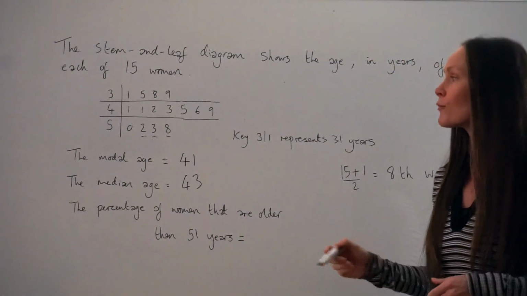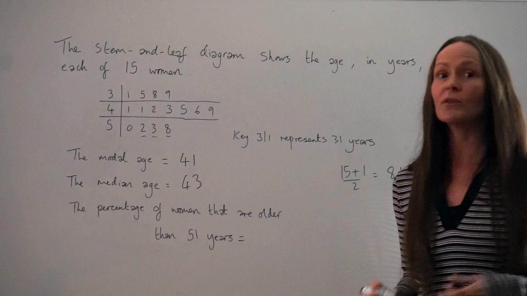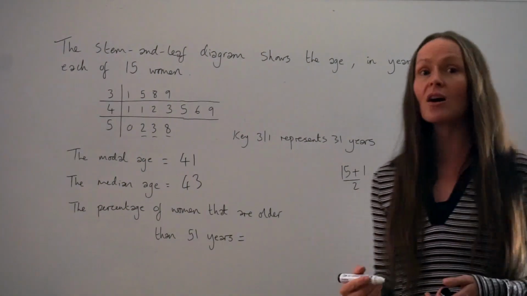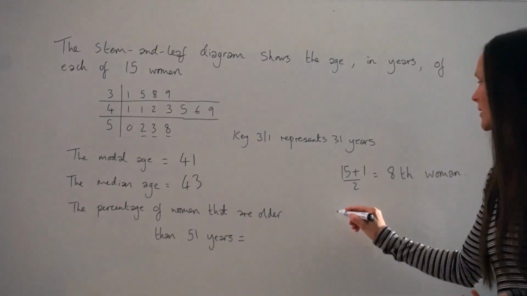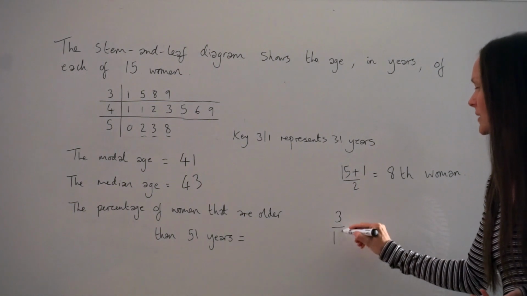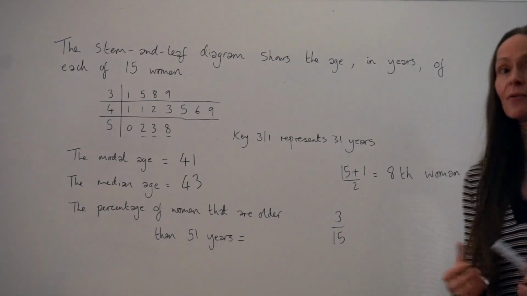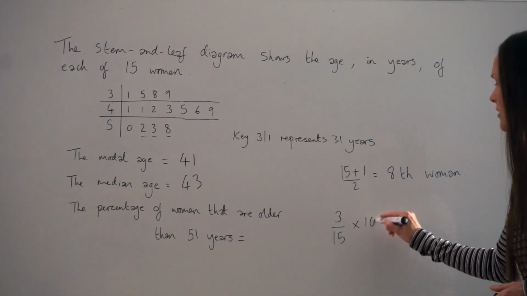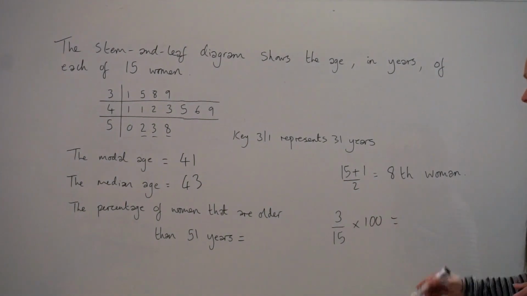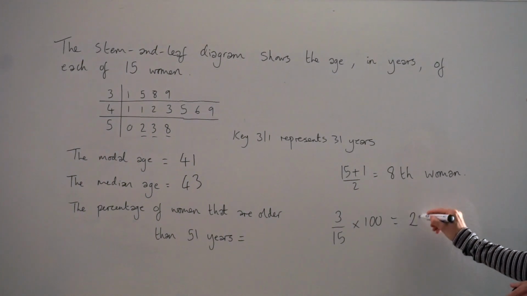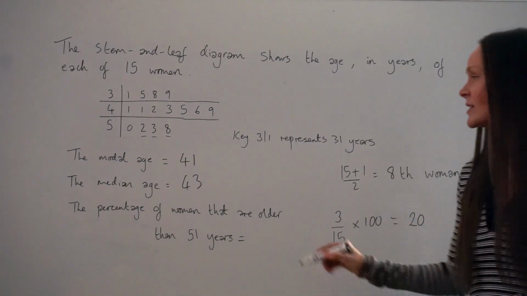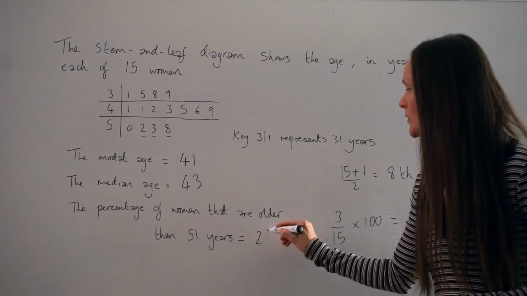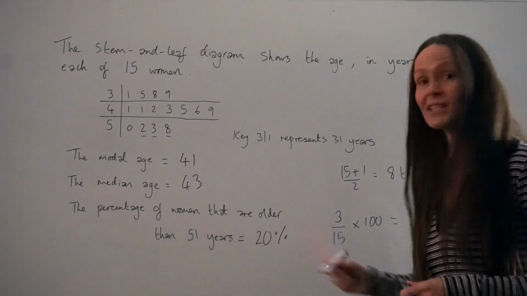So there are 3 women out of a total of 15 that are over the age of 51. I'm just going to write that fraction down here. Now, to turn a fraction into a percentage, you have to multiply by 100. And when you work that out, you should get 20. So the percentage of women that are older than 51 years is 20%.